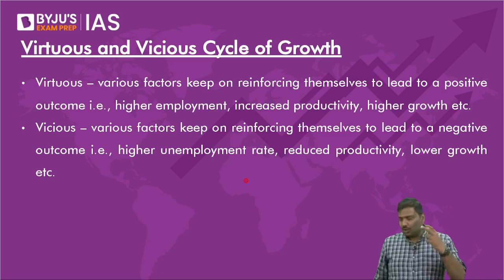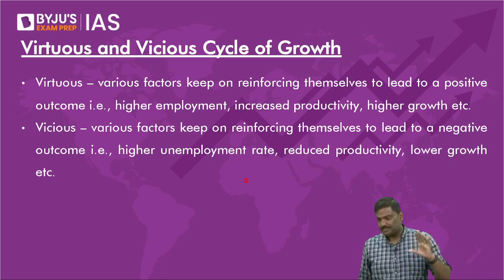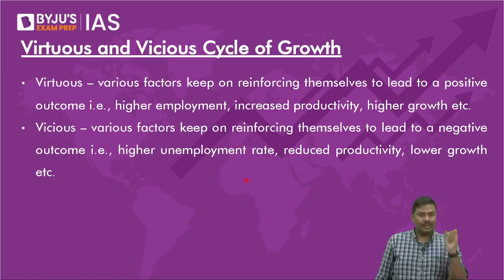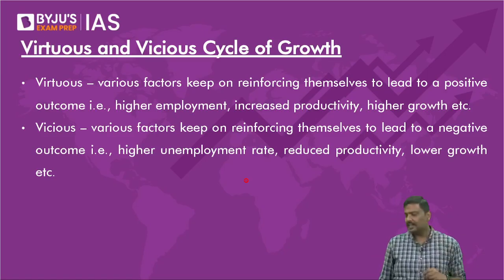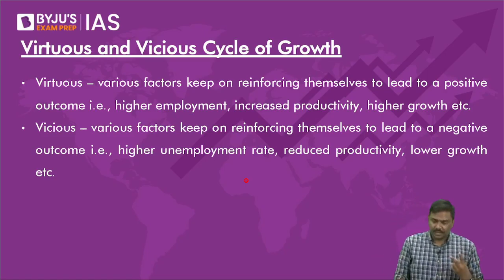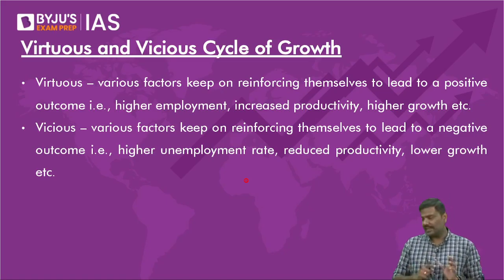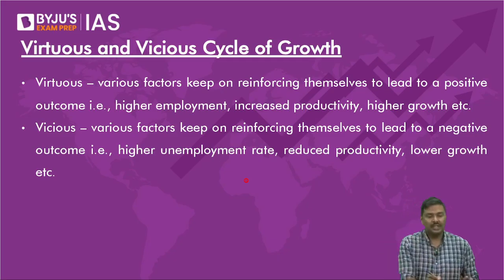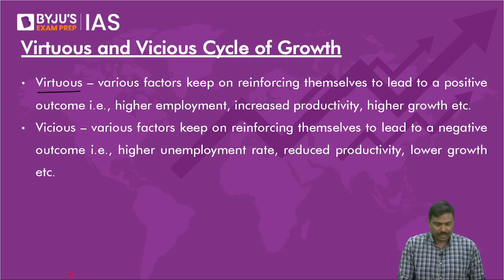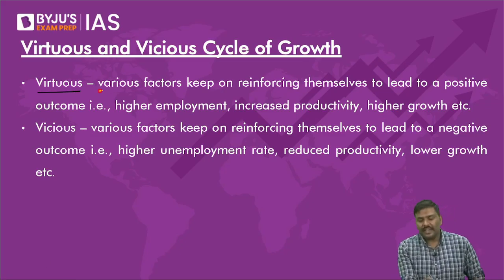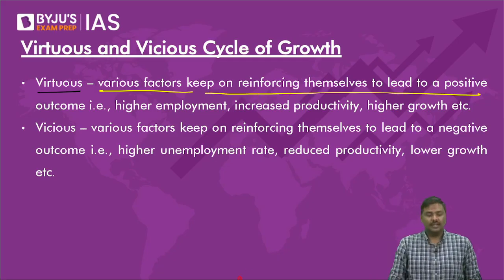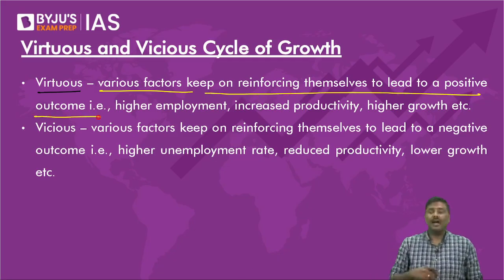Next, two sets of important current affairs. One is virtuous cycle and vicious cycle. Second one is pro-cyclical and counter-cyclical. Let's go one by one. Focus on the discussion. What is a virtuous cycle? Virtuous cycle, various factors keep on reinforcing themselves, which will lead to a positive outcome.